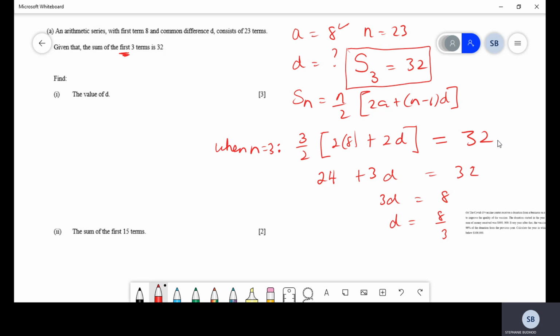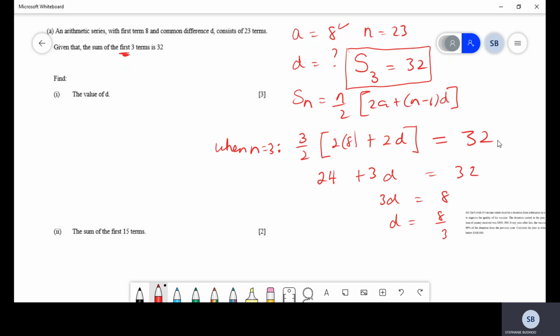We use our formula for S3 to get n over 2. This is where we made our error. I see it. Oh no, we didn't make an error. That's correct actually. When n is 3, I was thinking of the 23 up here. Hope you guys don't make the same mistakes as me.